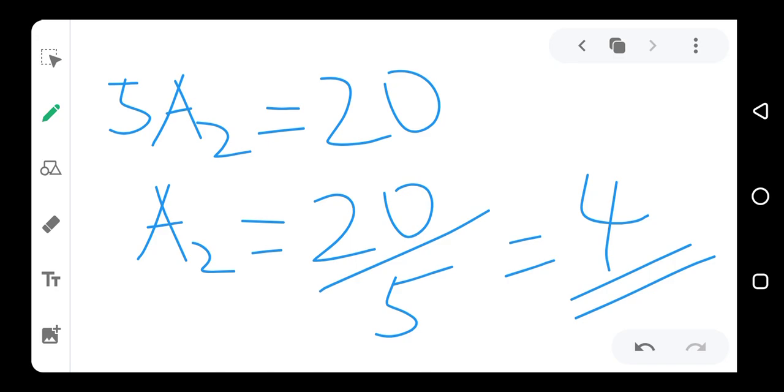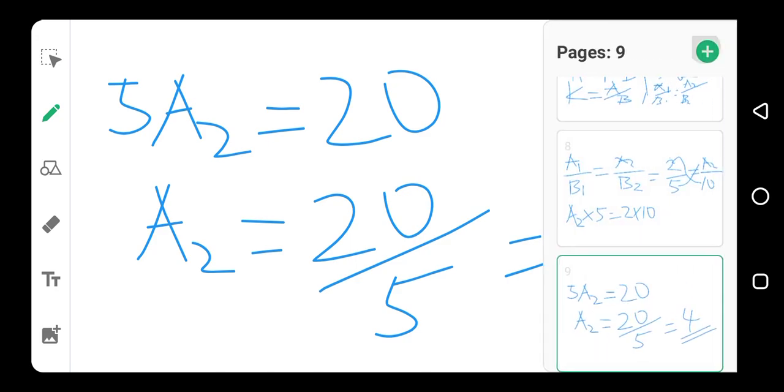Now let me solve the same question with a second method without using the formula.